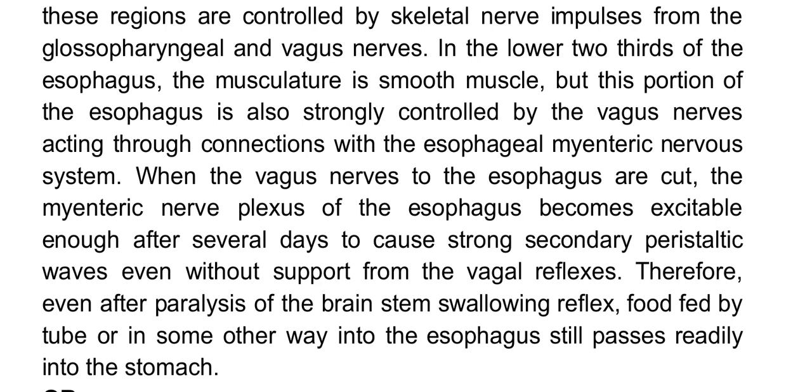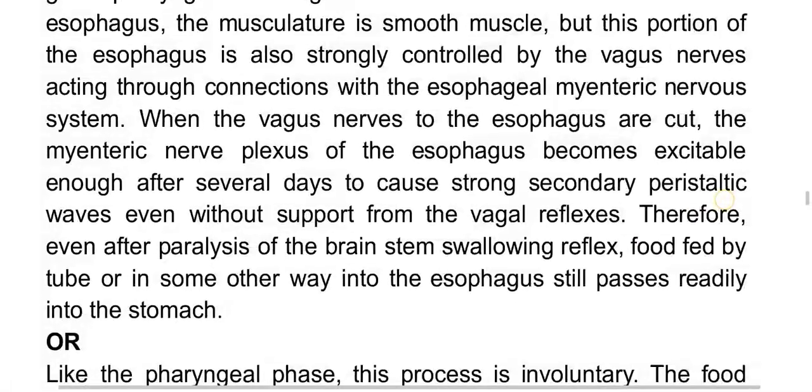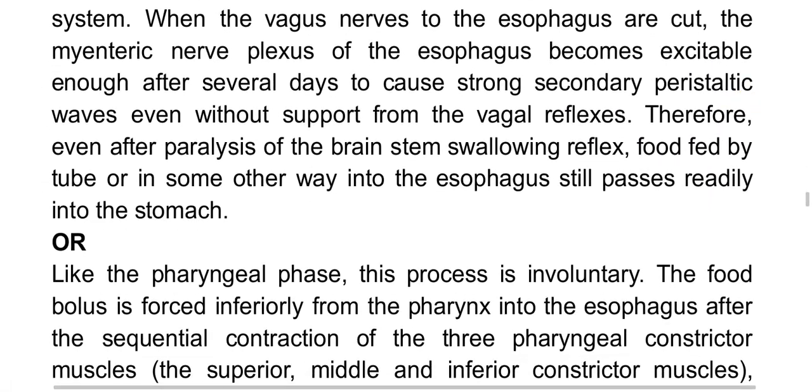When the vagus nerves to the esophagus are cut, the myenteric nerve plexus of the esophagus becomes excitable enough after several days to cause strong secondary peristaltic waves even without support from the vagal reflex. Therefore, even after paralysis of the brainstem swallowing reflex, food fed by tube or some other way to the esophagus still passes readily into the stomach.